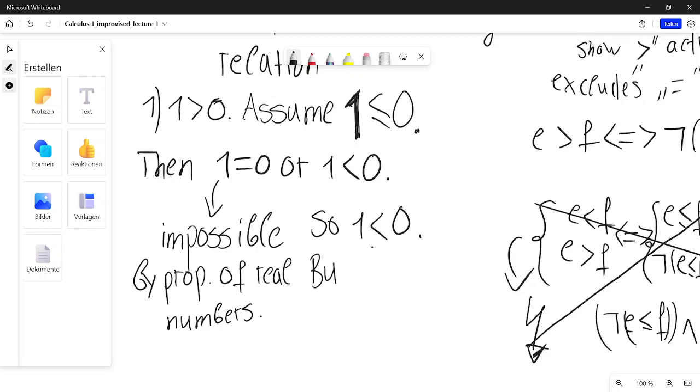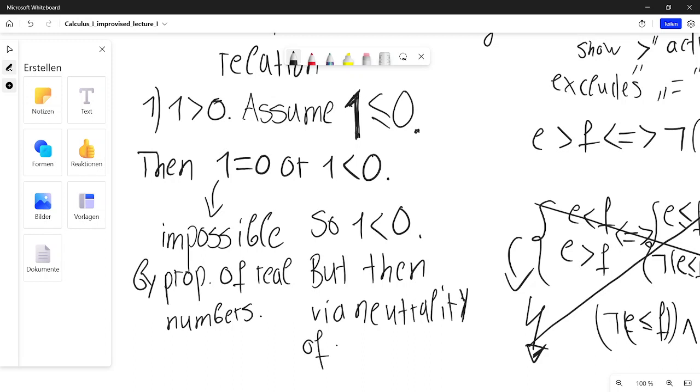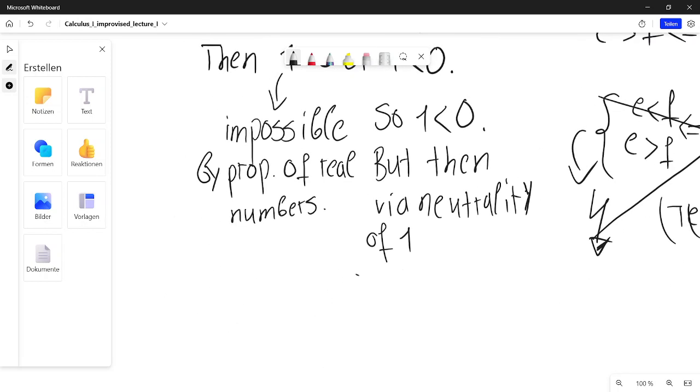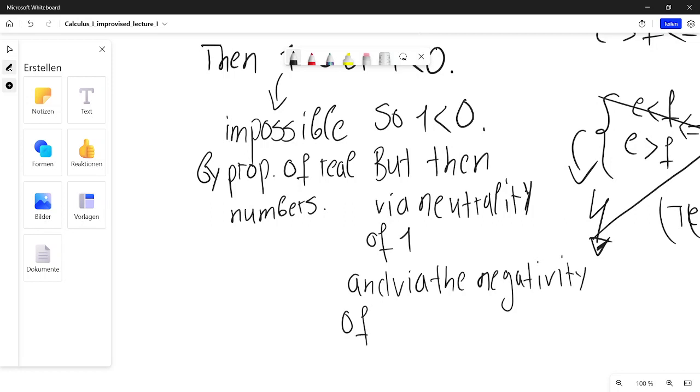But then, via neutrality of 1 with respect to multiplication, of course, and via negativity of 1, by interaction, we have.